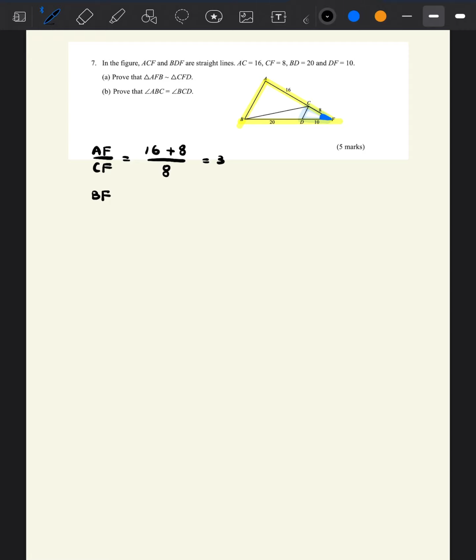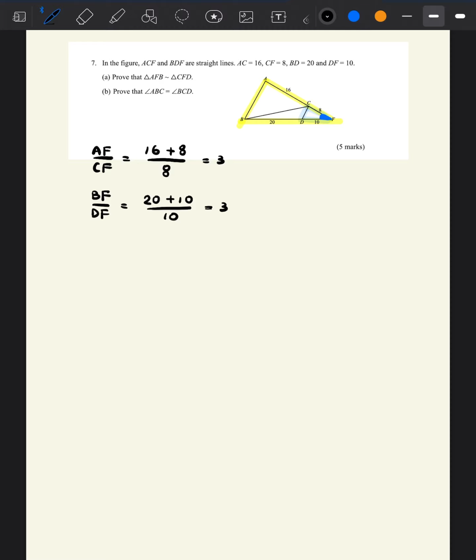AF is in the numerator, so all the information from your triangle AFB, please also put in the numerator, because if sometimes you put it in the numerator and sometimes in the denominator, then it will be different. And again, BF is not 20 but 20 plus 10. And again, the ratio is 3.